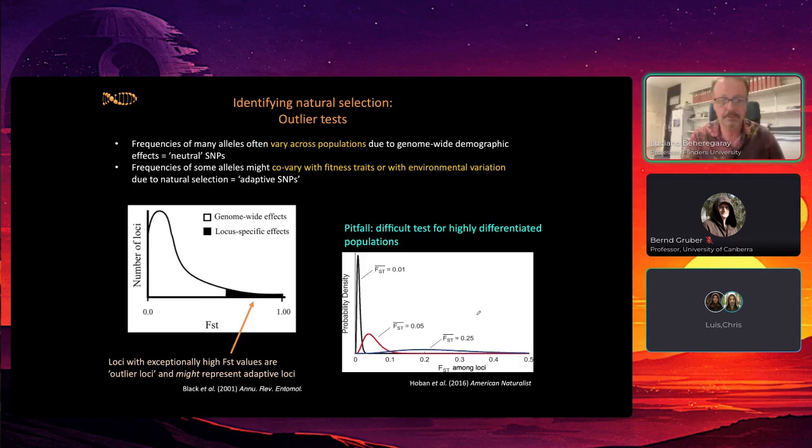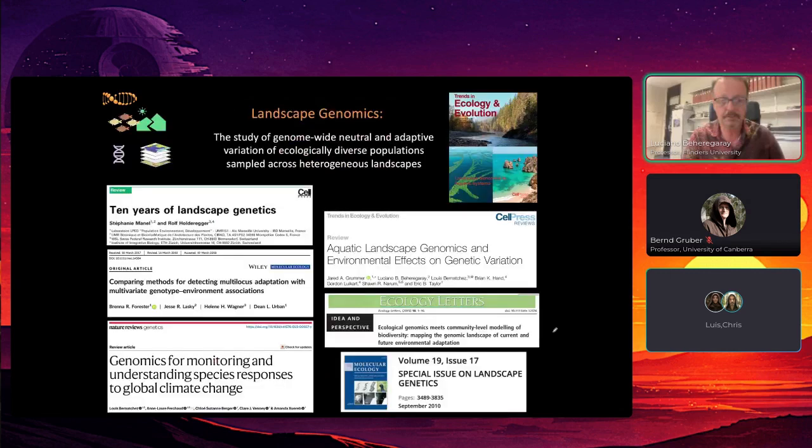So the variance in FST values among loci increases with average FST. That's why this third species here that has a 0.25 average FST would not be a good species to be used for outlier tests.